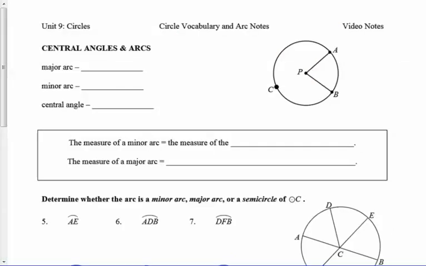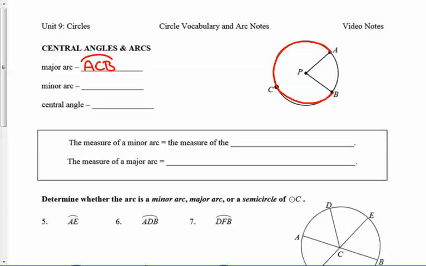What I want to talk about here on the last page, we're just talking about the relationship, right? We talked about major arcs, right? Major arcs have to have 3 letters. So ACB is a major arc.